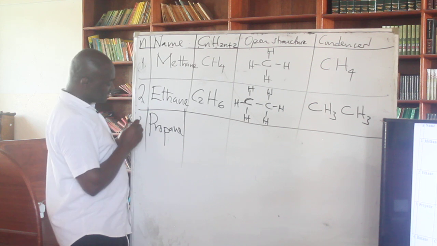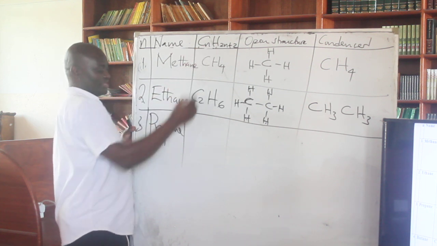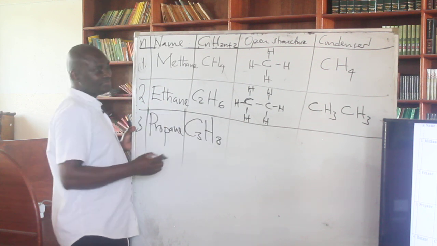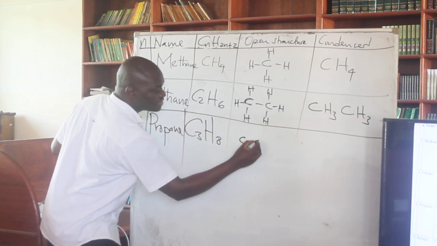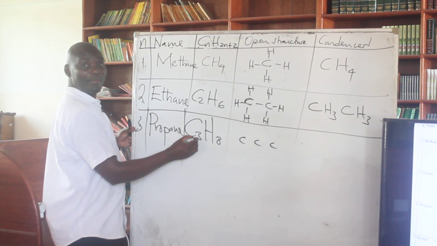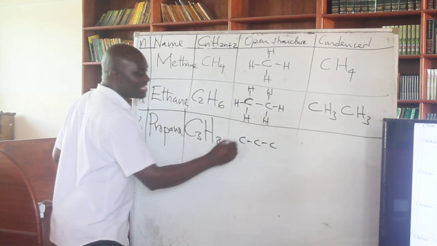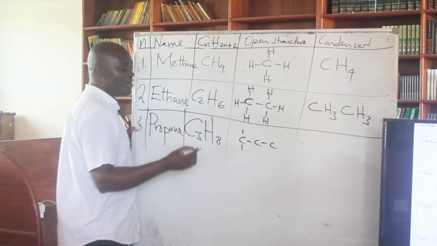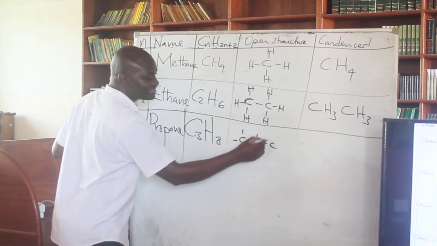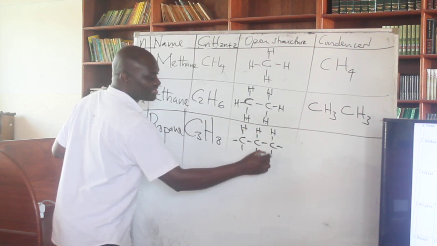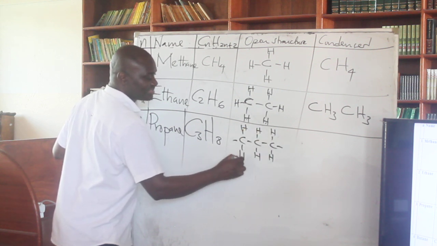Propane, if you substitute 3 in the general formula, you get C3H8. Then you simply write 3 carbon atoms. You join them with single bonds because it is saturated, and each carbon must have 4 bonds.